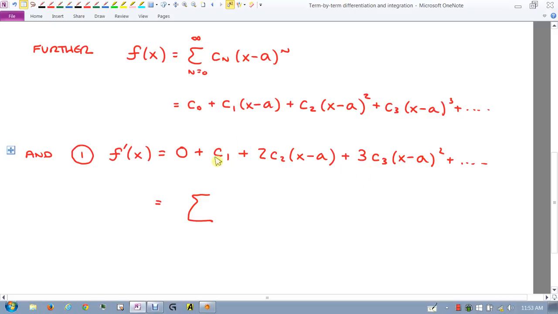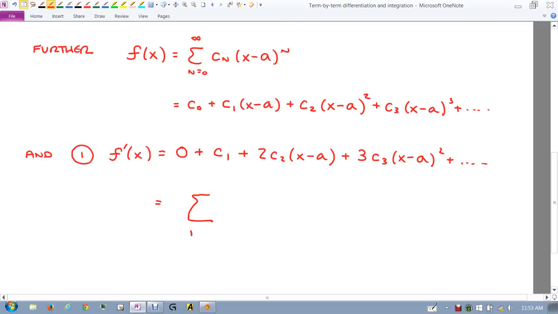What about the number in front of the C? 1 C1, right? 2 C2, 3 C3, 4 C4. So the number in front should always be the same as the subscript on the C, right? So n. And then what about the power on the x minus a? Here it's 1, here it's 2, here it's 0, isn't it? So it's 1 less than the n? So tell me if you believe this.